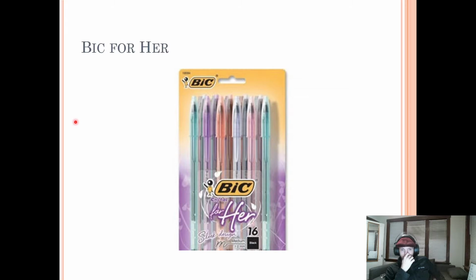This one caught a lot of flack. This one was ridiculed quite a bit. It made it onto the Ellen DeGeneres show, where it was further harangued, and a lot of people posted on social media. Bic tried to differentiate their products at one point by creating a product line called Bic for Her. All right?